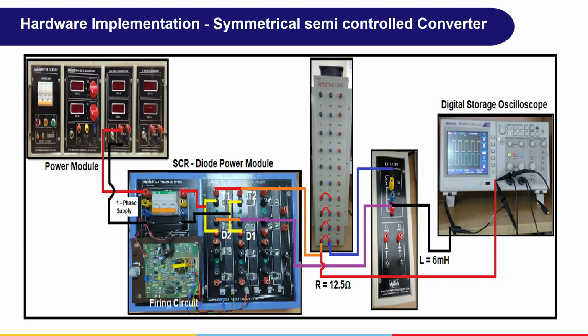We connect between black and blue; between these two terminals the resistance is 50 ohms. Four resistors are connected in parallel, so 50 by 4 gives 12.5. The inductance value, between black and red, is 6 millihenries. Now we have to observe the waveform in the scope, so a digital storage oscilloscope is required. This is the hardware part.